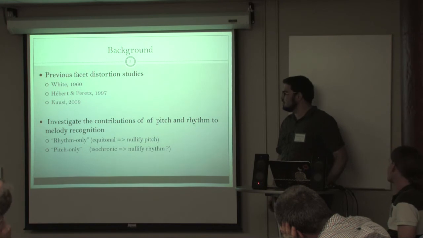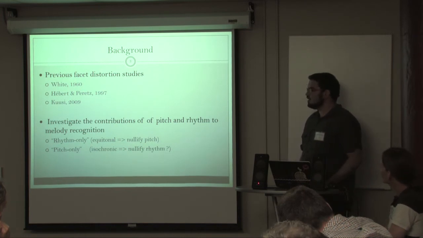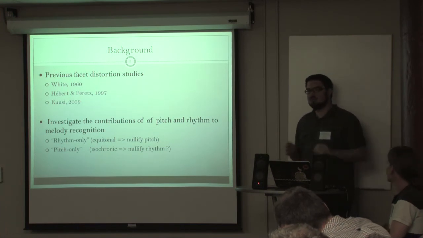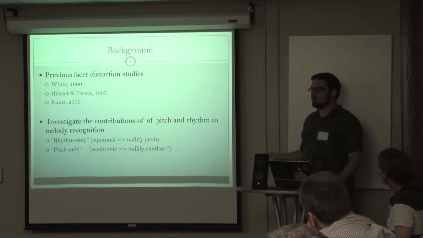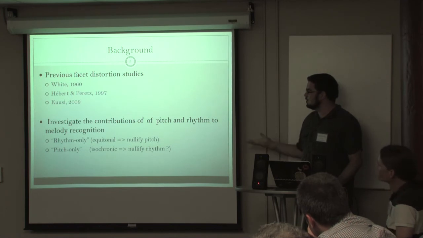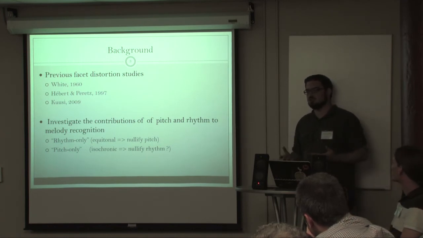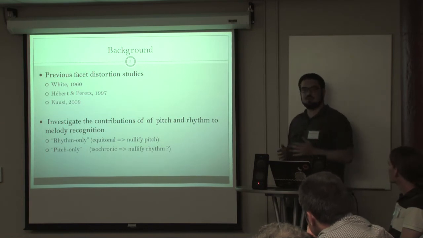And usually they find that pitch is far more important than rhythm when it comes to melody recognition. We feel that rhythm has been shortchanged a little bit in these studies, because the stimuli that are typically used are highly familiar melodies such as Twinkle Twinkle Little Star, which often are very close to isochrony to begin with. So this rhythm distortion of imposing isochrony doesn't actually do that much necessarily. That's one problem with the previous studies. The other is that they don't actually quantify the degree of distortion.